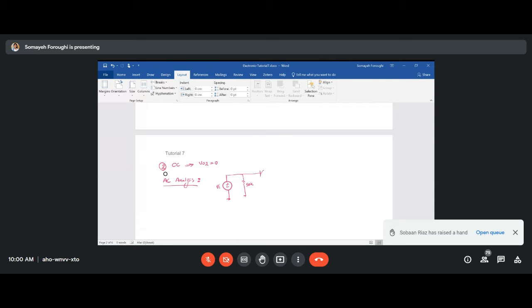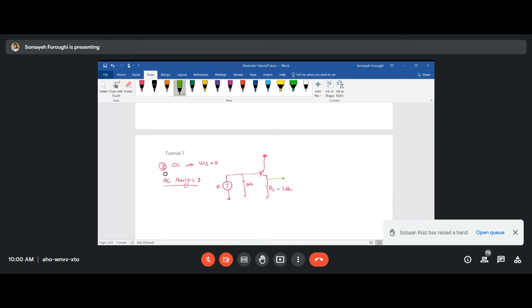Then I will have the transistor here. Collector is connected to the ground, but you have emitter resistance of 3.6K, and this point will be your output, VO1.